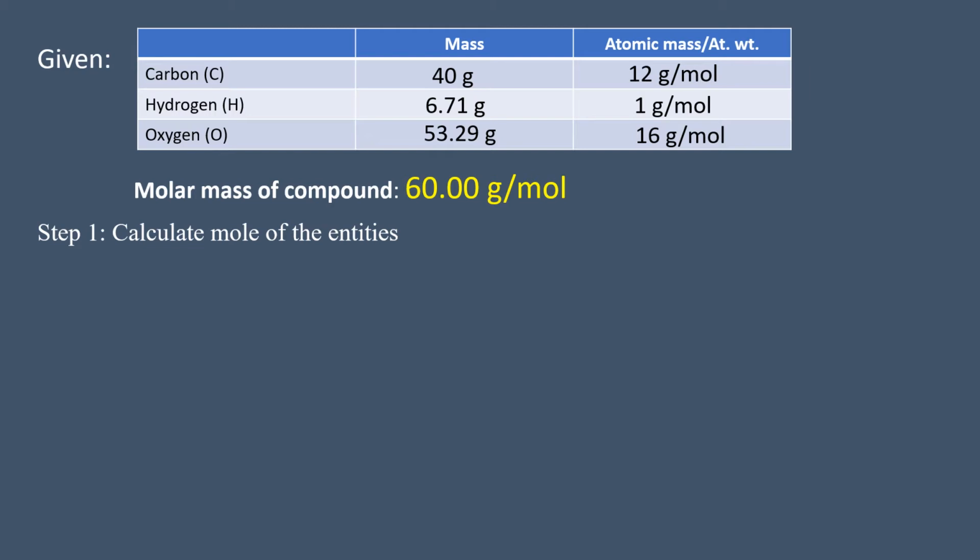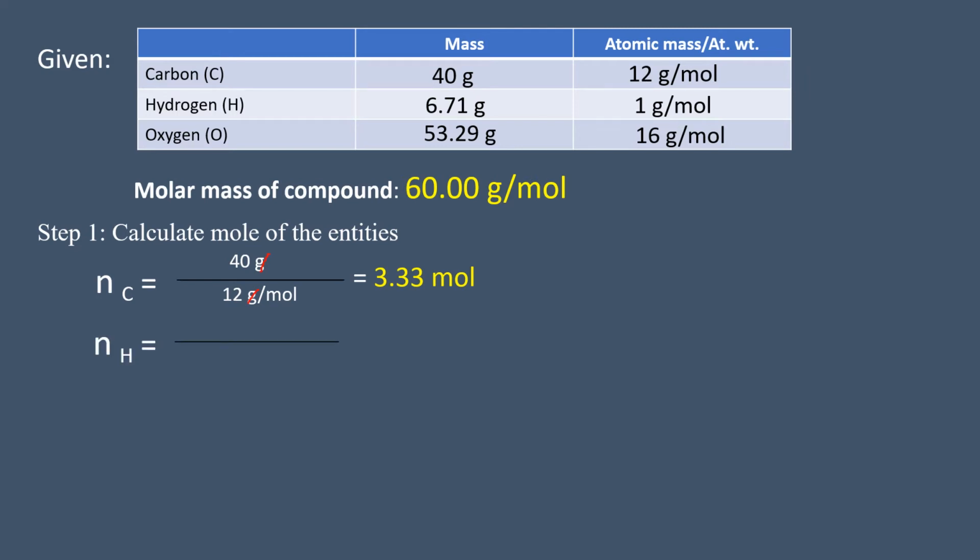Calculate mole of the entities. And to calculate the mole of the entities, just simply divide the given mass with its atomic mass. So for the number of mole of carbon, the mass of carbon is 40 gram divided by 12 gram per mole, which is the atomic mass. Here you can now cancel gram together, and the answer is 3.33 mole.